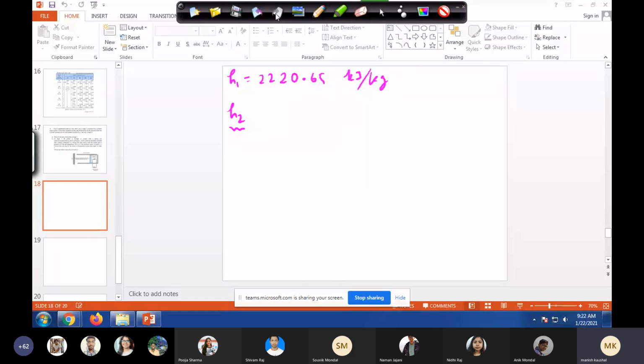Okay, 5 bar 200. I can see the enthalpy, that is H2, directly, which is nothing but only gas, 2855.1 kilojoule per kg. This is superheated. So what is H2 minus H1? Sorry, just check.